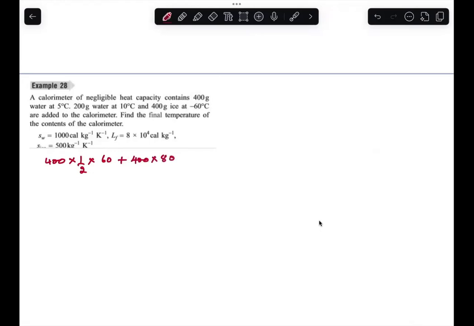This is all in calories, remember. So this works out to literally 44,000 calories. That is the beggar side.